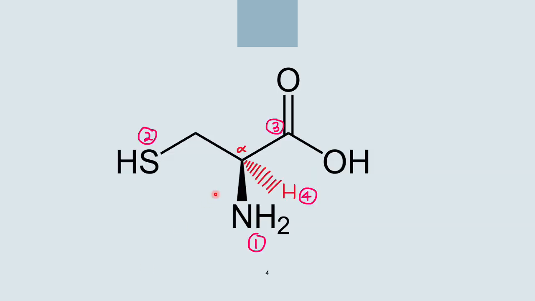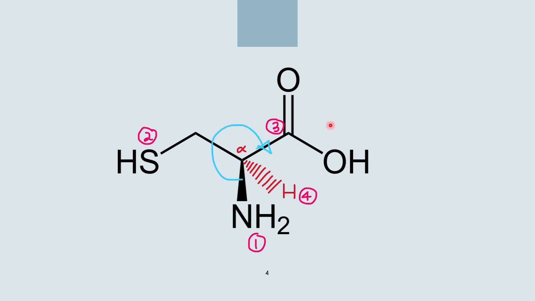Let's also take a quick look at cysteine. Cysteine is a bit different. In eukaryotes, again, we will only have this as an L amino acid, but it will actually have an R configuration. This is the case because here we have the thiol group being assigned priority before the carboxyl group.